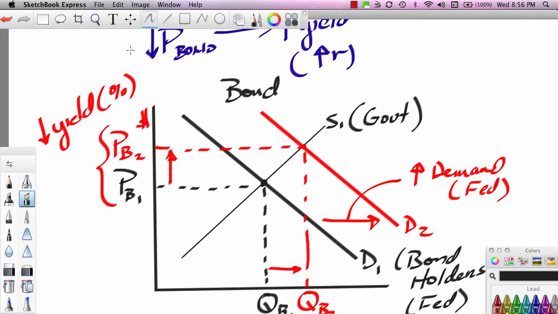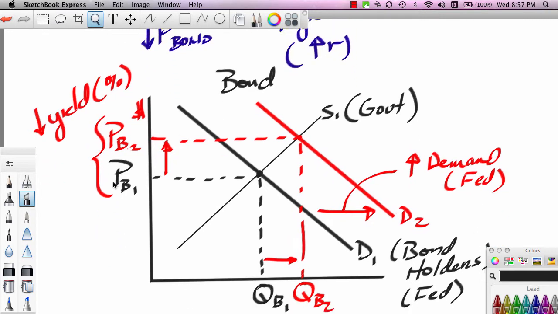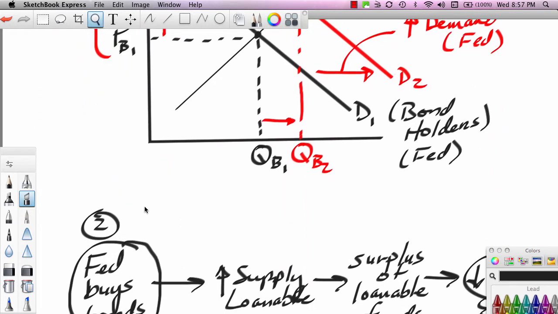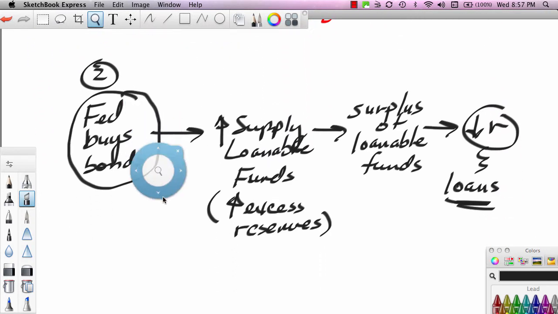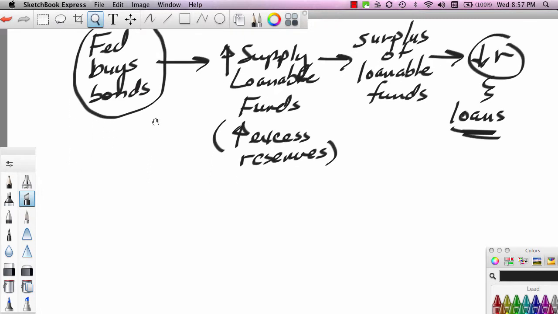For instance, if the Ford Motor Company wants to issue bonds to finance the purchase of a new factory, it's going to be able to borrow at a lower interest rate if bond yields in general are quite low. So the Fed has lowered the yields on bonds, and the Fed has lowered the interest rate on borrowed money through the banking system.